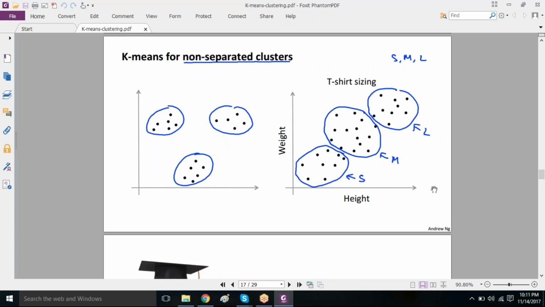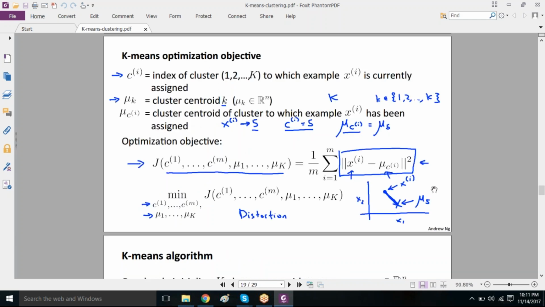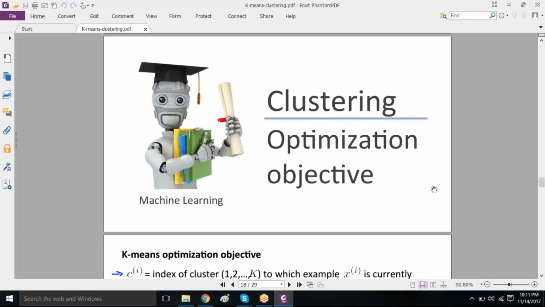Now, one more question which will be there is how to choose K. Whether to take K equal to 2, or K equal to 5. How do you choose the K?